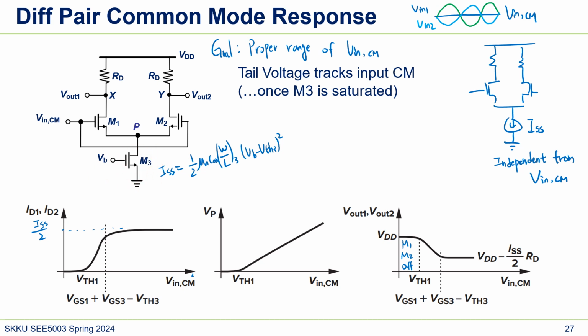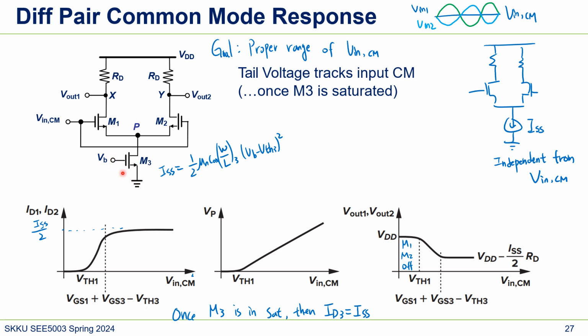Once M3 is in saturation, ID3 will be ISS, which is our target, and that voltage is here.